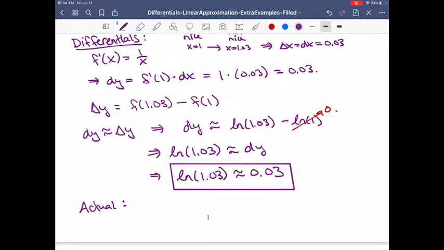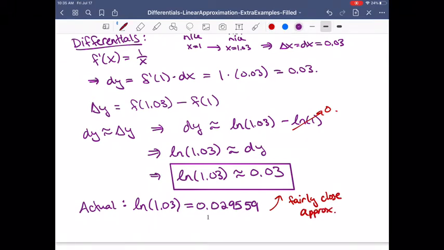We get ln of 1.03 is actually equal to 0.029559. Okay, so this is actually a pretty close approximation. Just to compare how close we actually were. Okay, so that's using each method.